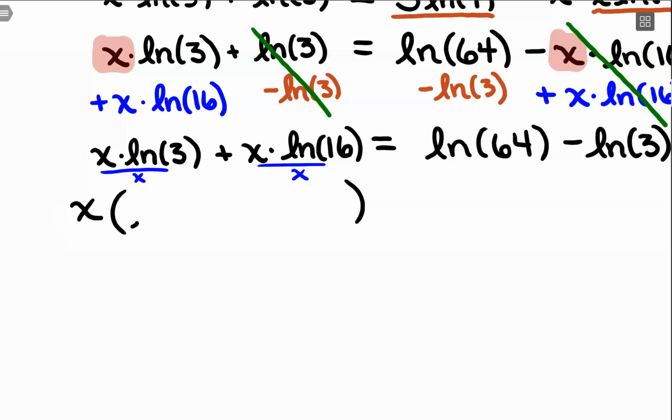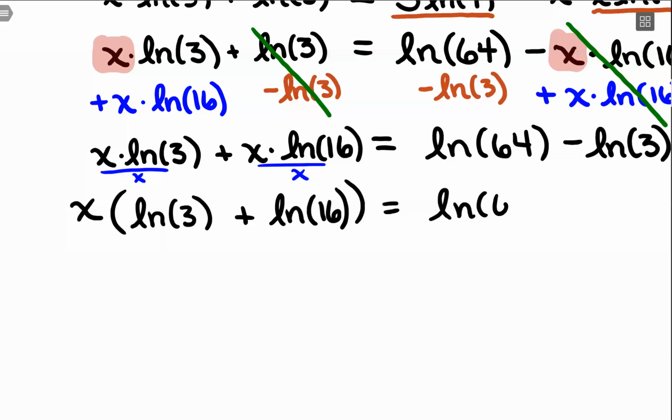And then what we're left with is natural log of 3 plus natural log of 16 equals natural log of 64 minus natural log of 3. This extra piece of adjusting any values is a step you don't have to do.